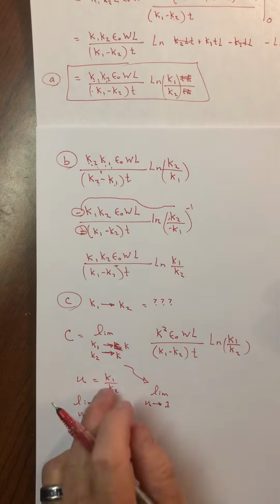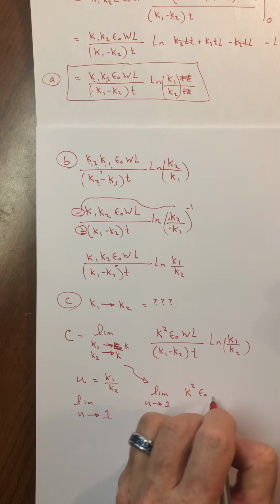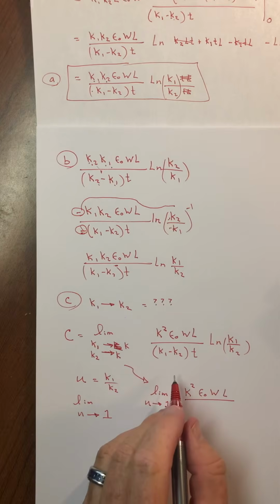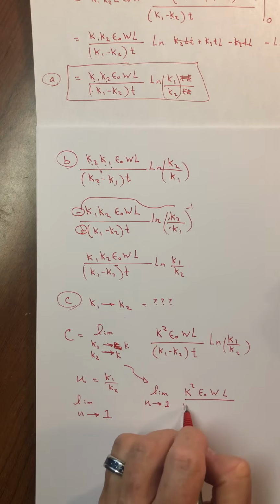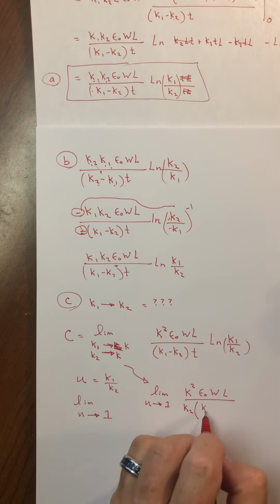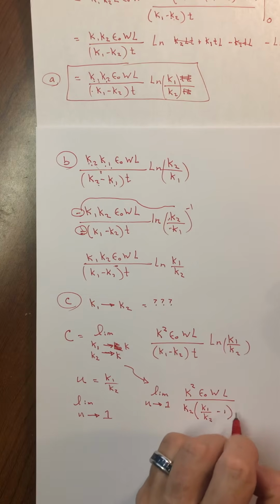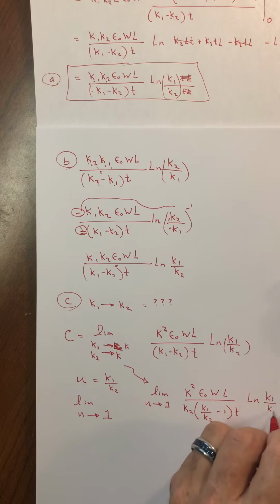Up here, we'll have this kappa squared, epsilon naught, the W, the L. And what I thought I would do is pull out a kappa 2, so that this is kappa 1 over kappa 2 minus 1, times t. And then this is ln of kappa 1 over kappa 2.